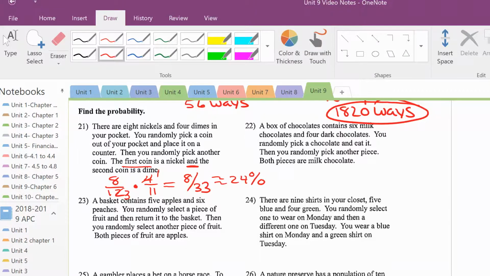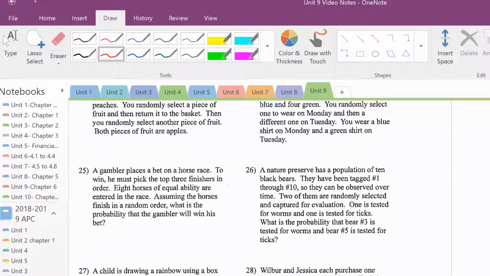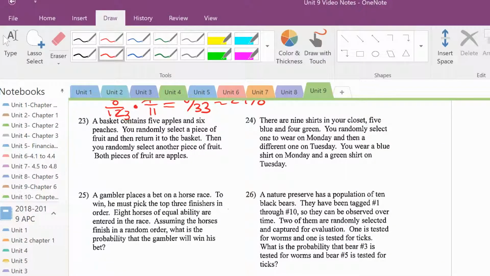All right, let's look at number 23. Number 23 is an example where you put the item back. A basket contains 5 apples and 6 peaches. You randomly select a piece of fruit, then return it to the basket. So what's the probability both fruits are apples when you select them?